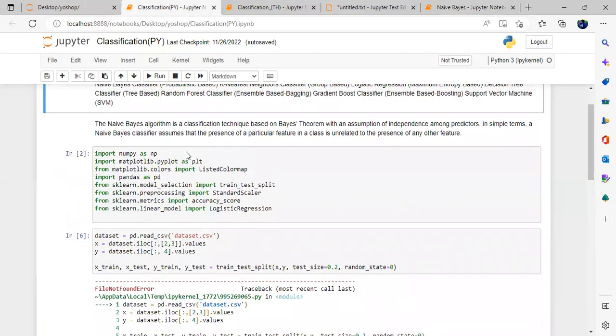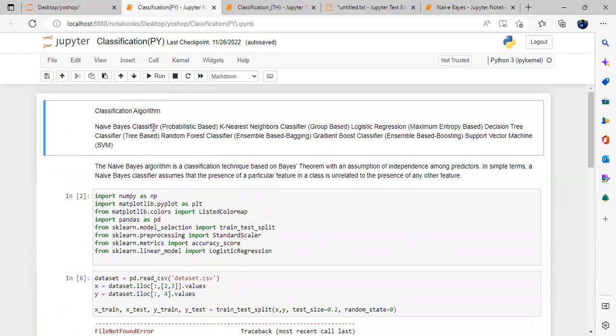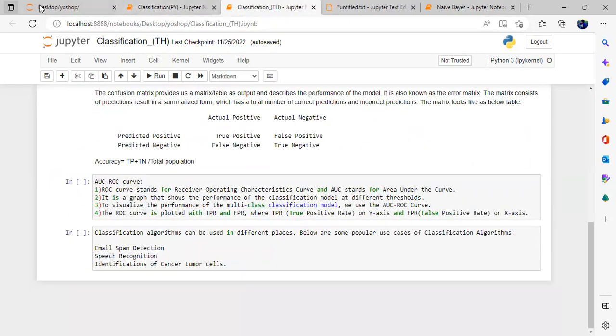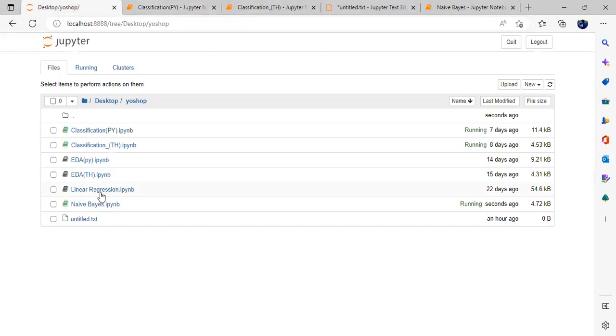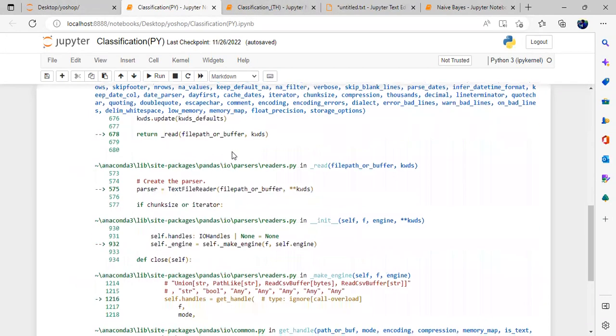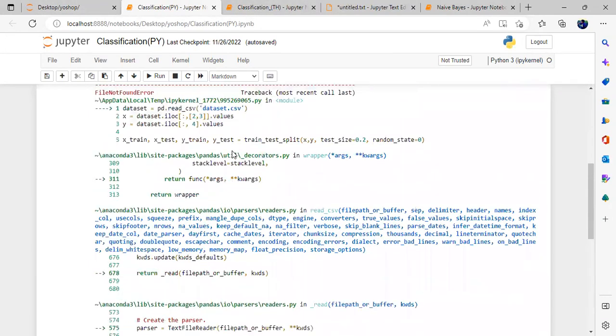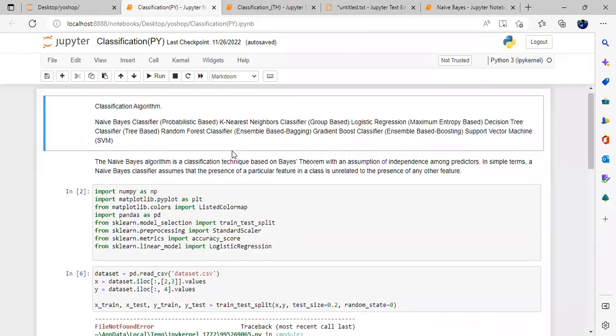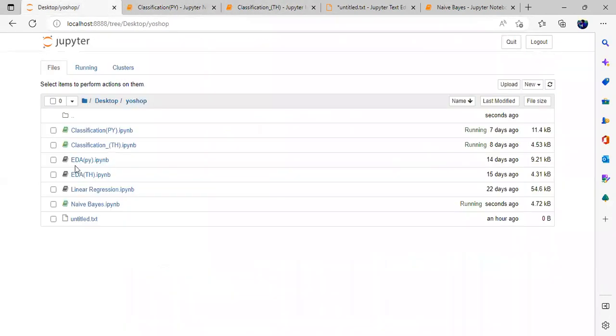ma'am, you can use markdown. yes, I can use them just to. Okay. Actually, just wait. Let me check. Actually, last time I shared the things where I have used all the classification. I think I have not saved it.